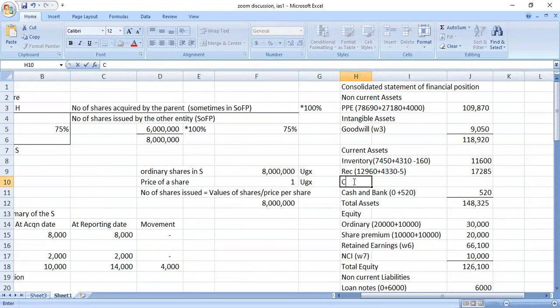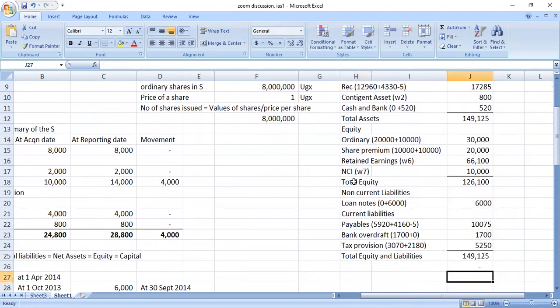This is from working 2. It was 800. And you have your balance sheet.